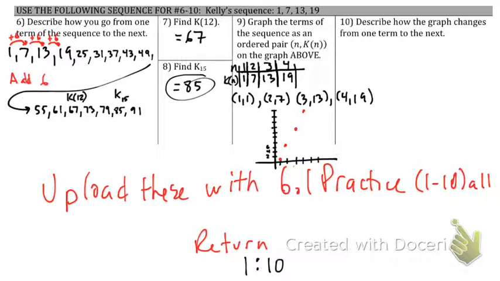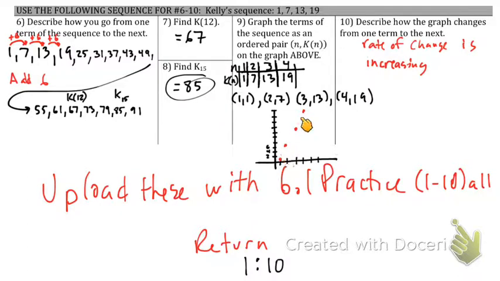And then last but not least, describe how it changes from one term to the next on the graph. So remember, we want to use rate of change as our answer. So we have to describe the rate of change. Is it going up or down on our graph? It's going up. So that is increasing. Does it look like a line?